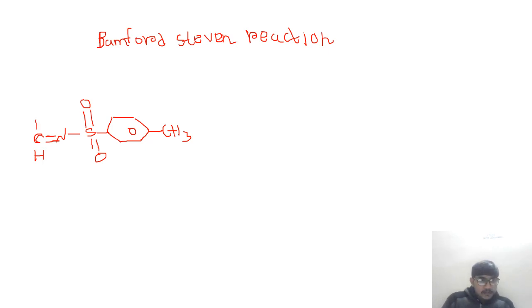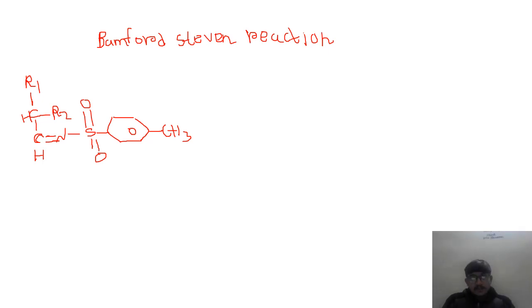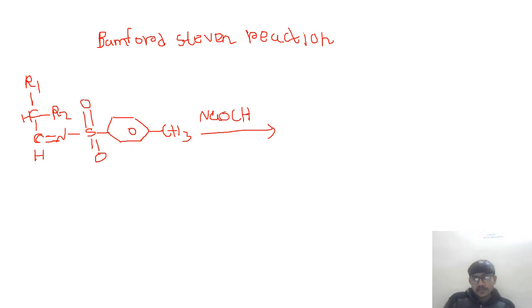Okay, and it also contains a double bond. So what happens in this reaction? Simply, in presence of a base like NaOCH3, as I mentioned in one more previous reaction, which may be the Robinson annulation, the same thing takes place here.